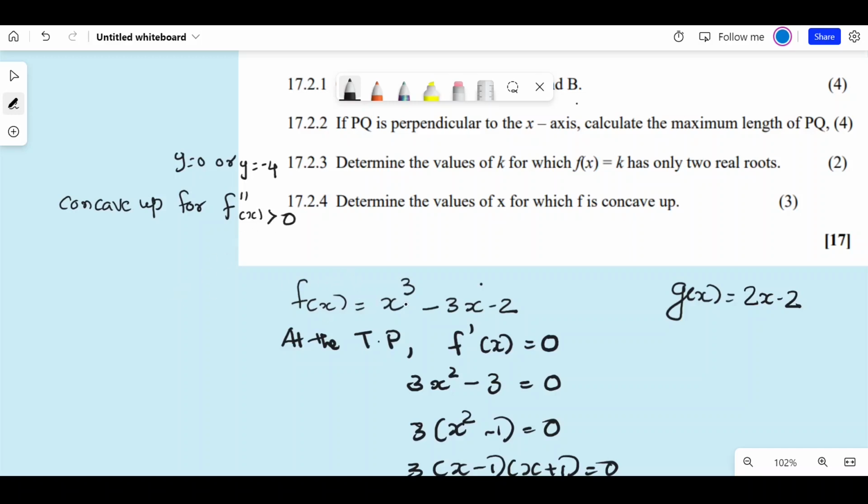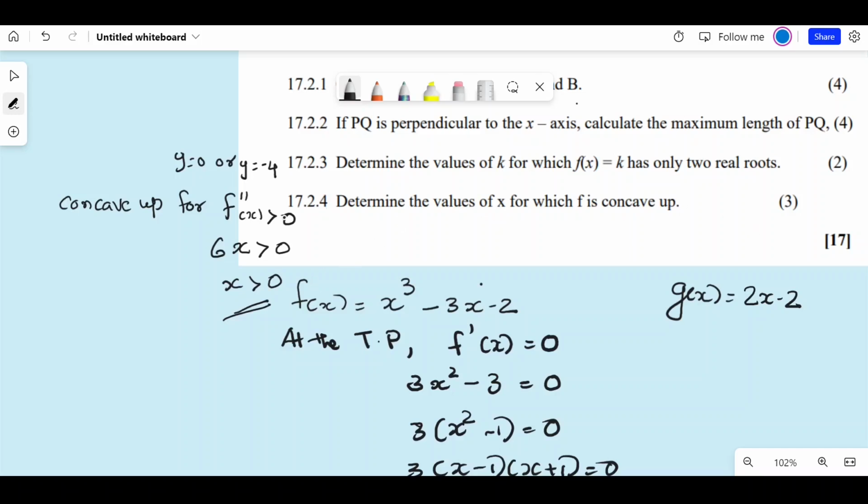Let's take f(x) = x cubed minus 3x minus 2. The first derivative is 3x squared minus 3. What is going to be the second derivative now? It's going to be 6x. So here it's going to be 6x greater than 0. That means x greater than 0. So this is the answer for values of x for which f is concave up. So f is concave up for x greater than 0.